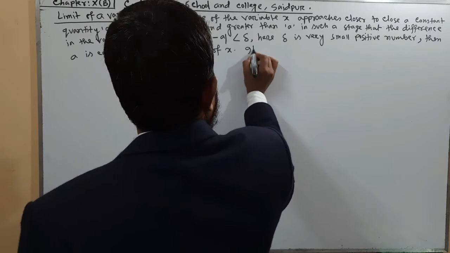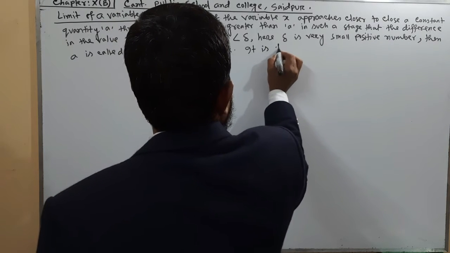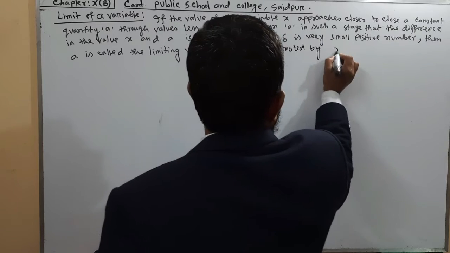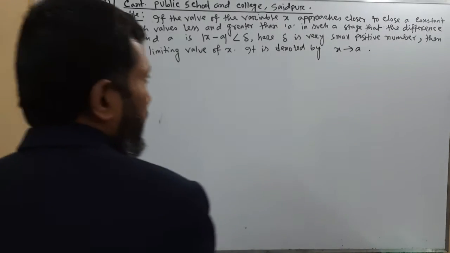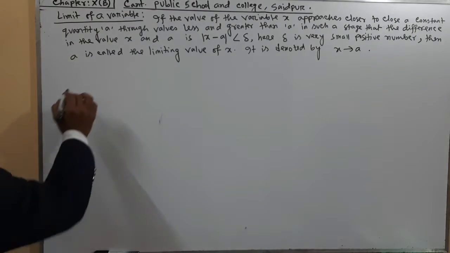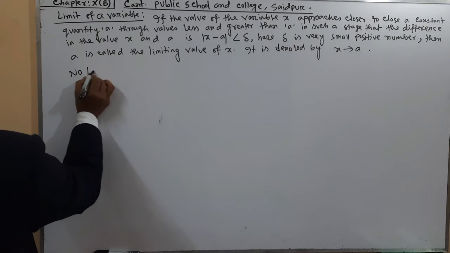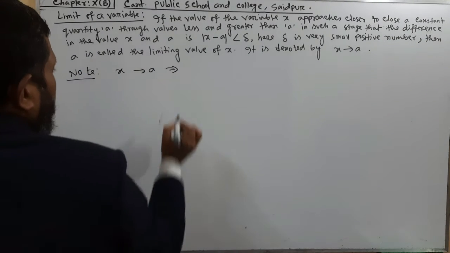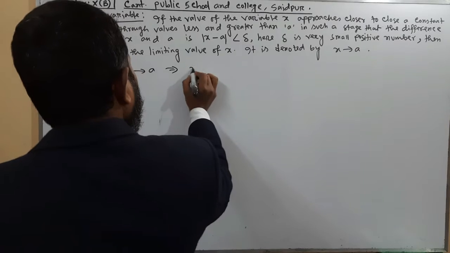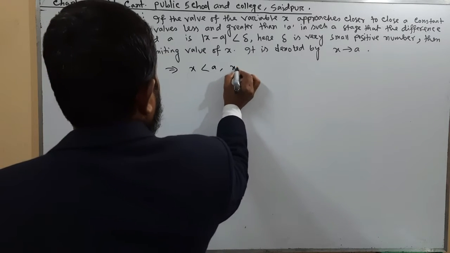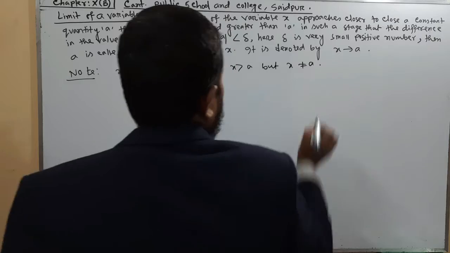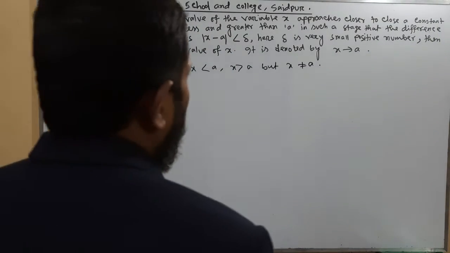It is denoted by x tends to a. Here note, x tends to a implies that x is less than a, x is greater than a, but x does not equal a.